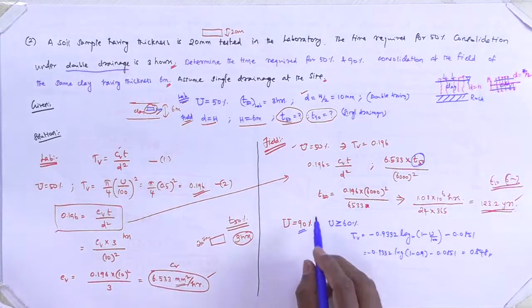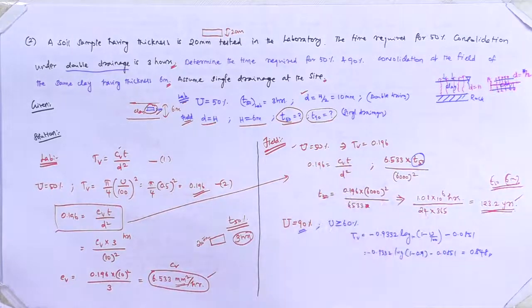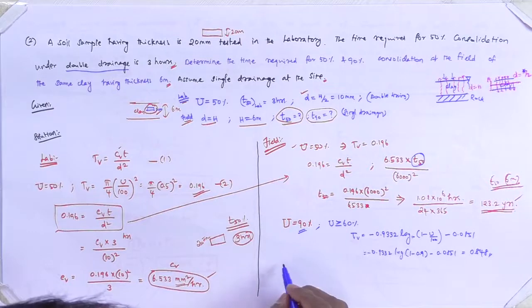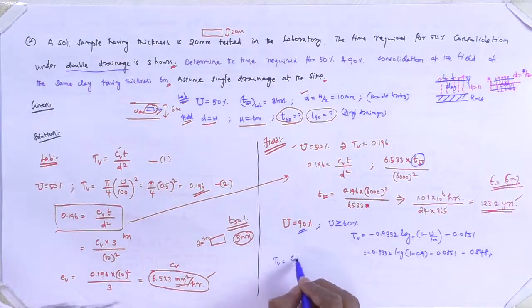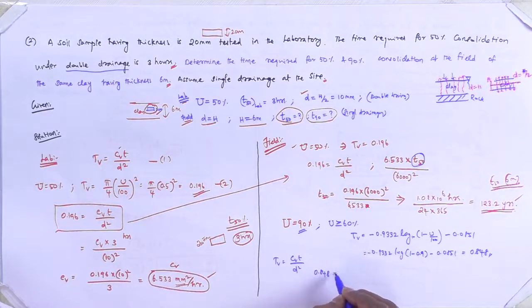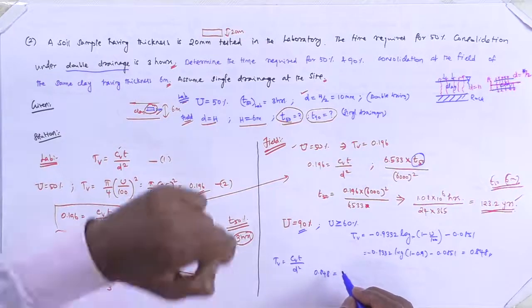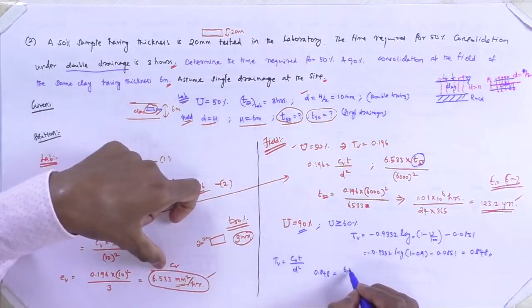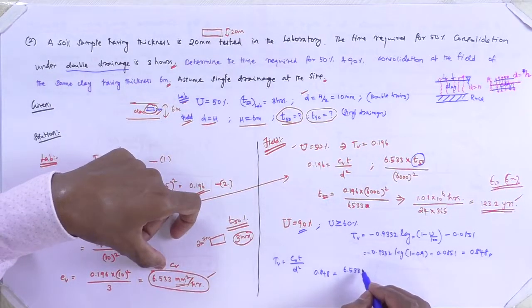Coming to the same formula, TV equals CV T divided by D square. I substitute TV as 0.848 and CV as 6.533 into T90. Here also it is single drainage, so 6000 square.